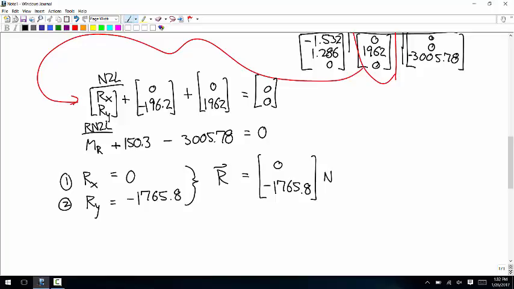And instead of reduced row echelon form, in this case, we can just solve it all. So the third equation says Mr is equal to 3005.78 minus 150.3, which is 2855.48. And the units here are Newton meters.